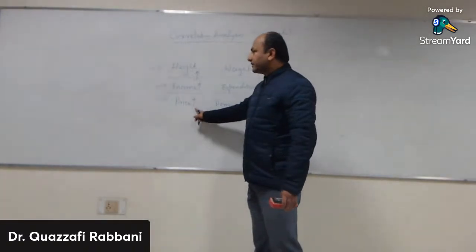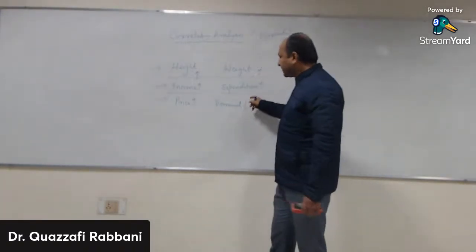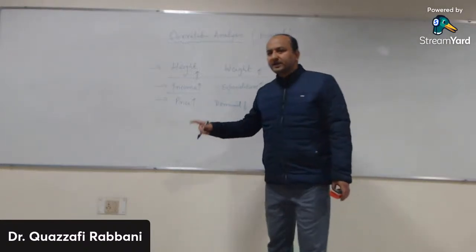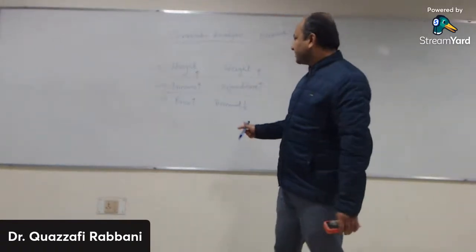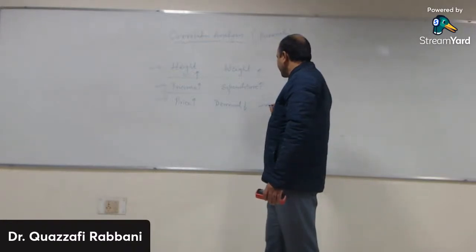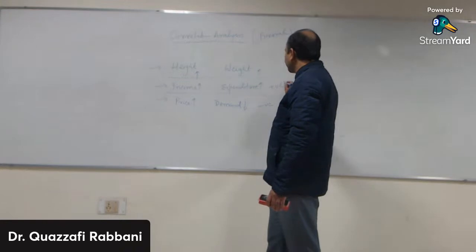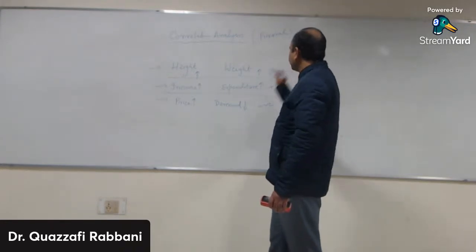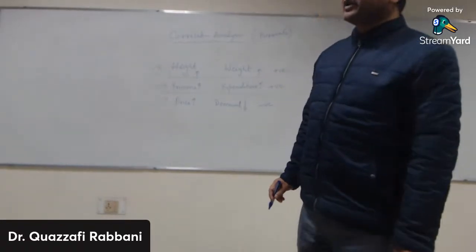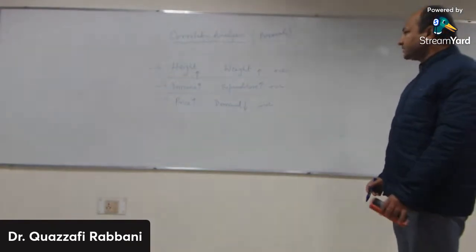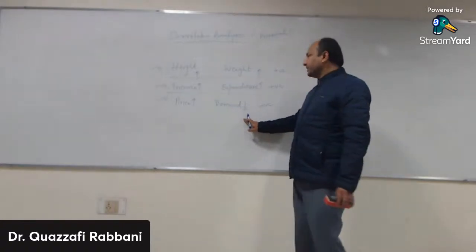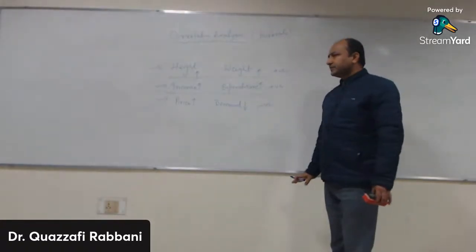But the directions are different: price increases, demand decreases. So there is correlation, but the correlation is negative. Price and demand are negatively correlated. If the directions are the same, you can say positive correlation. If the directions are different, in reverse order, price increasing and demand decreasing, then you can say this is negative correlation.